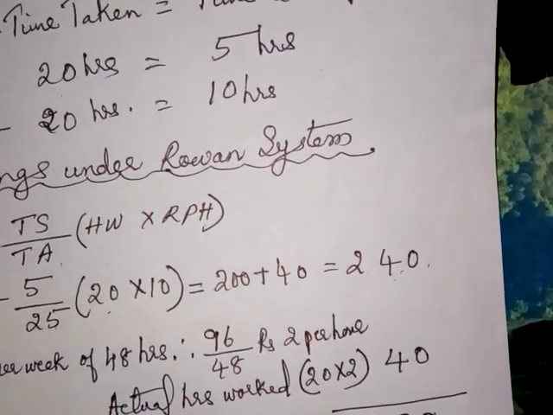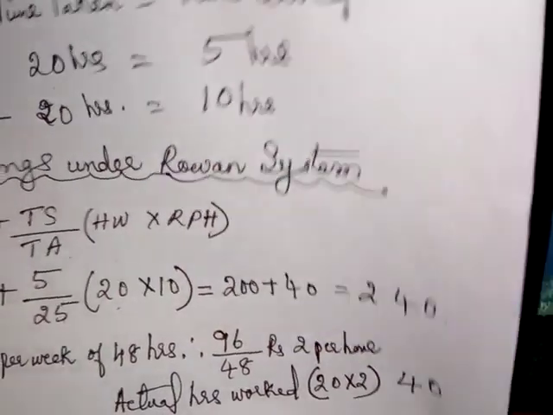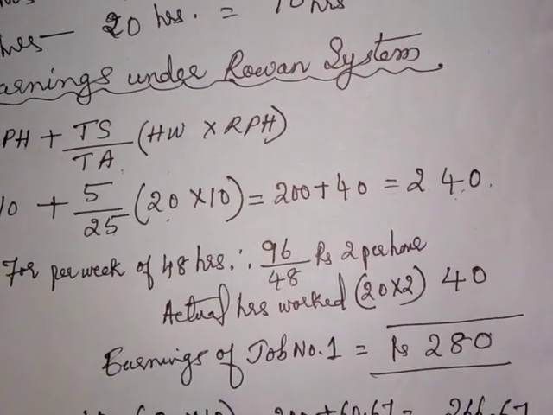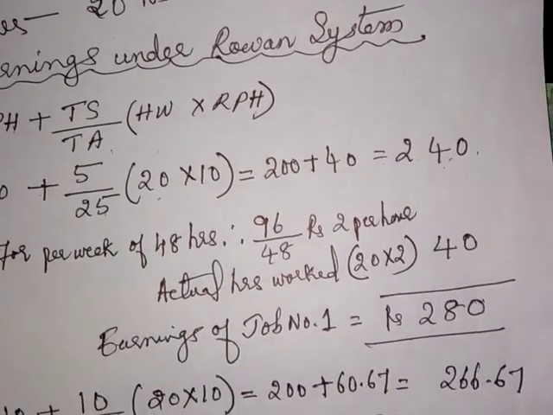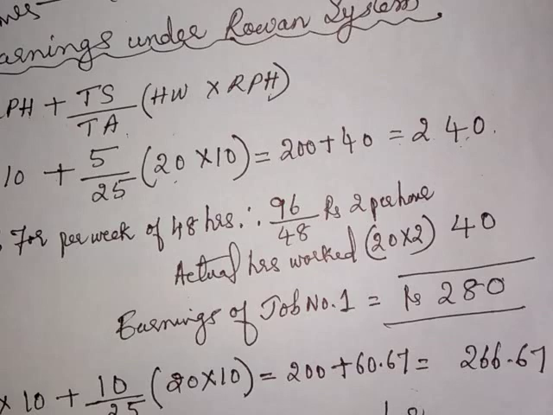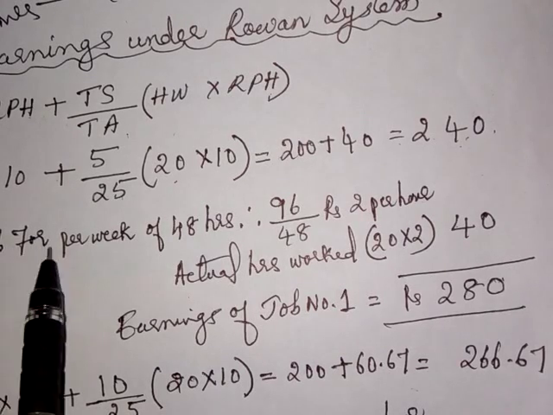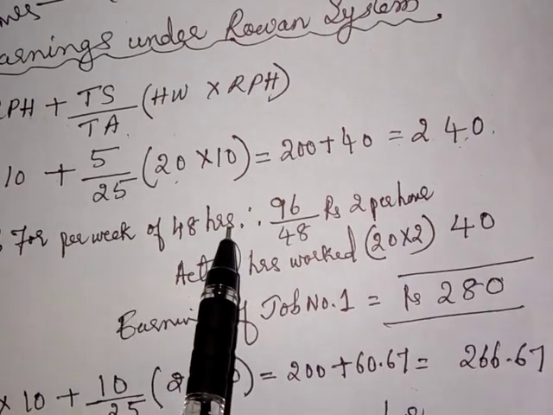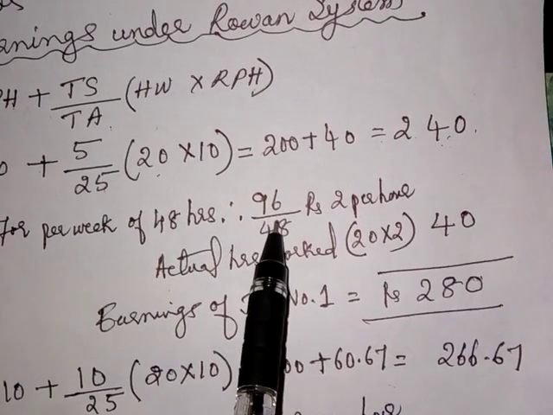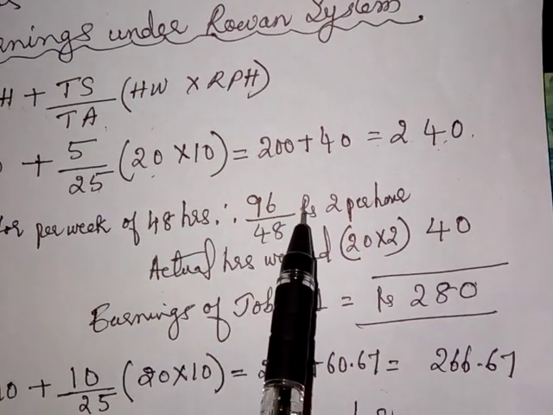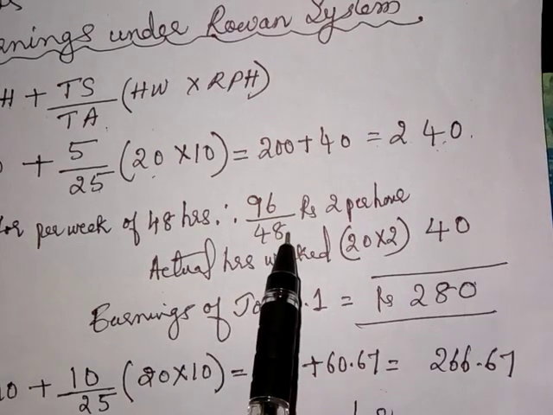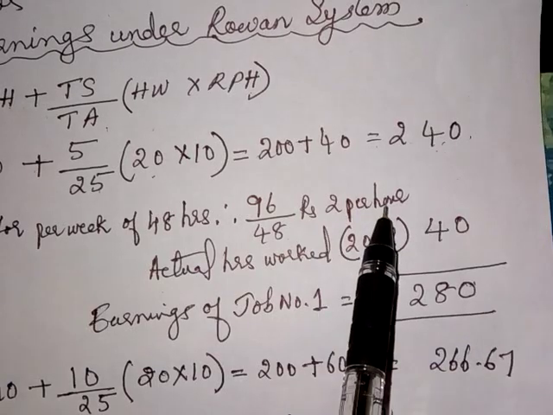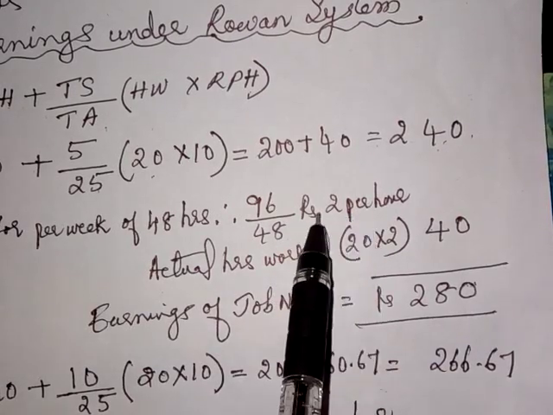In this problem, in addition to the earnings, a DA allowance is also given. DA allowance is given as rupees 96 per week of 48 hours. So we need to calculate the DA per hour. 96 divided by 48 gives the DA per hour, which is 2 rupees.